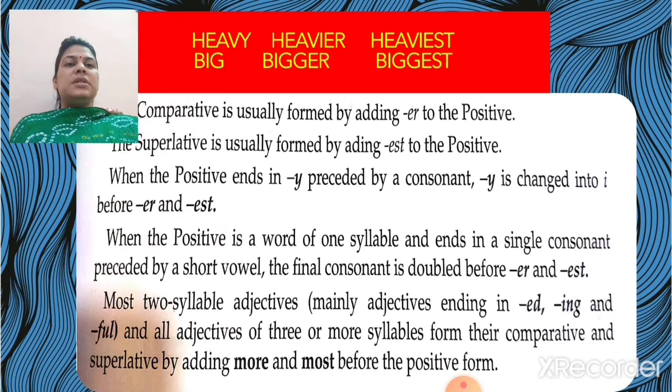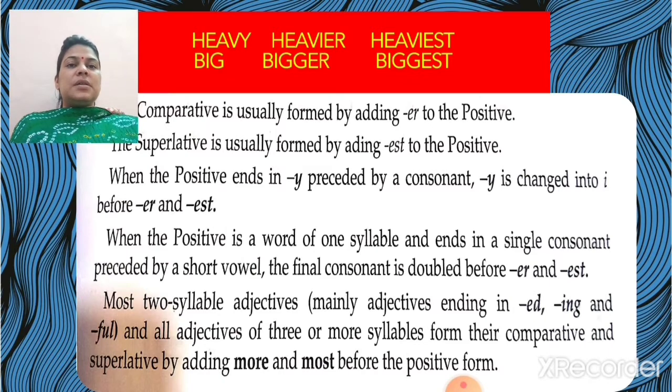When the positive ends in Y preceded by a consonant, and you can see that this Y is preceded by a consonant, that is V, then Y is changed into I, and then it becomes IER and IEST. So heavy, heavier, heaviest.